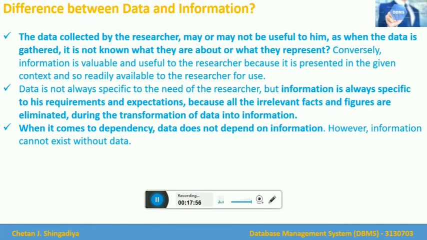The last difference is dependency: data does not depend on information, however, information cannot exist without data. So this is how we can differentiate data and information.